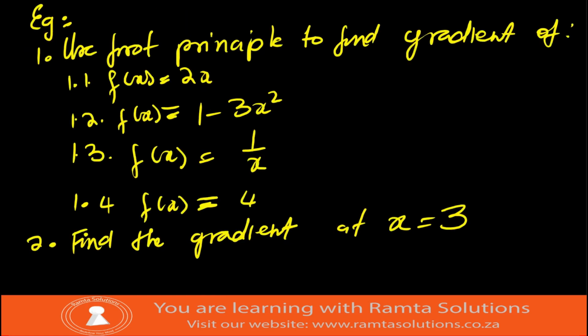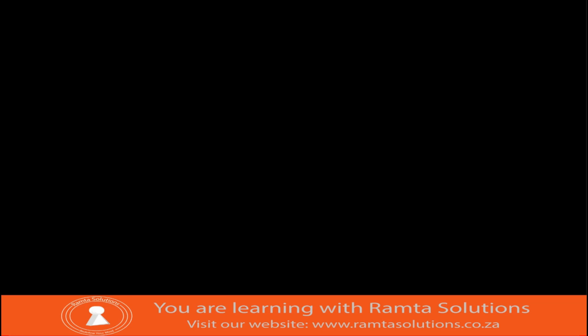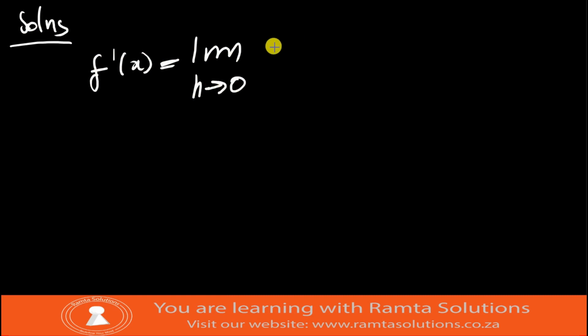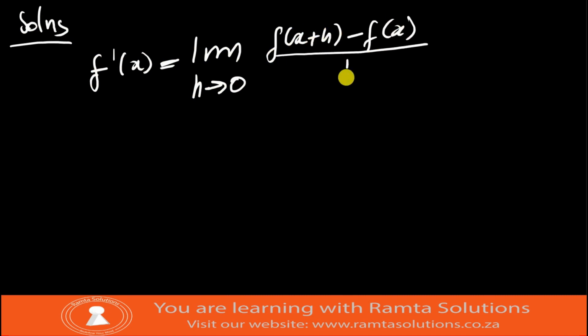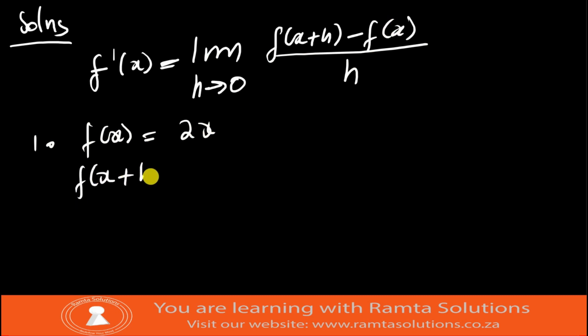Our solutions. Number 1, you will remember we are using first principle: f prime x equals the limit as h tends to 0 of f of x plus h minus f of x all over h. Now number 1, we're looking at f of x equals 2x. Now we need f of x plus h.